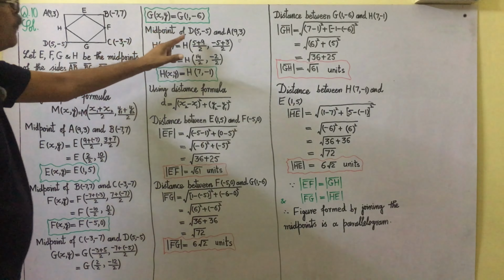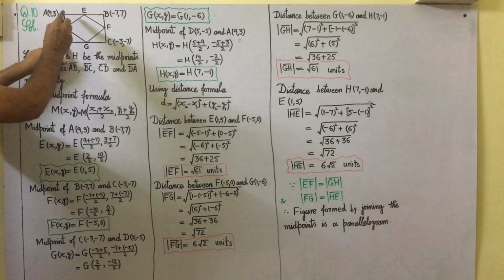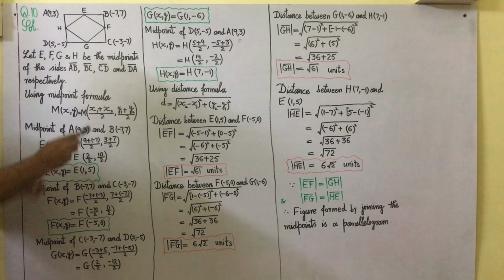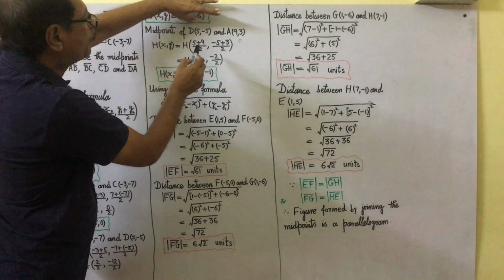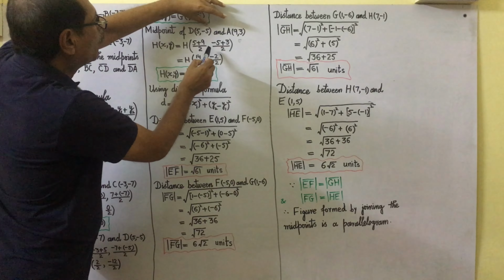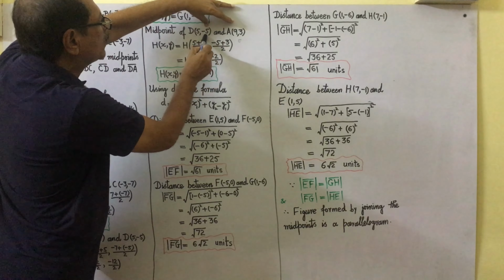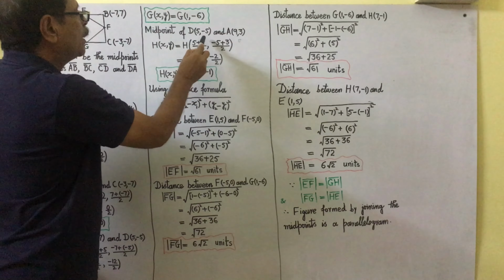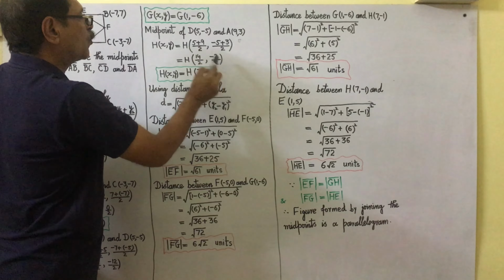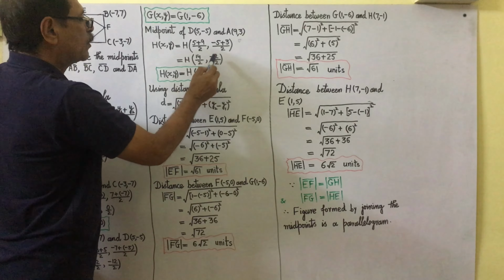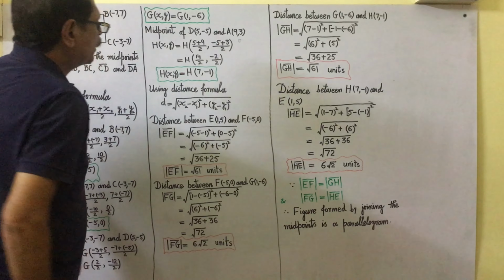Now midpoint of D and A, this is H, x1 plus x2, 5 plus 9 over 2, y1 plus y2 over 2, -5 plus 3 over 2. 9 plus 5 is 14 over 2 is 7, -5 plus 3 is -2 over 2 is -1. So H is (7, -1).